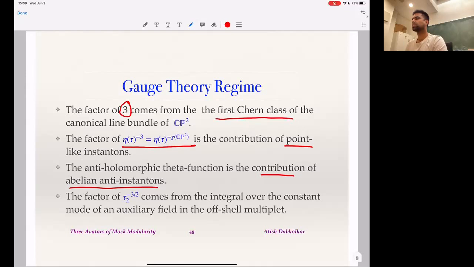So we see that in these 3 different contexts, namely holography, then elliptic genera of non-compact manifolds, and gauge theories where the field space is non-compact, mock modular forms appear very naturally.